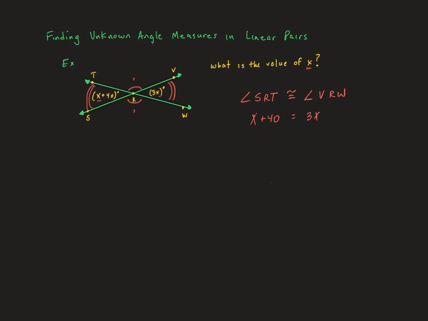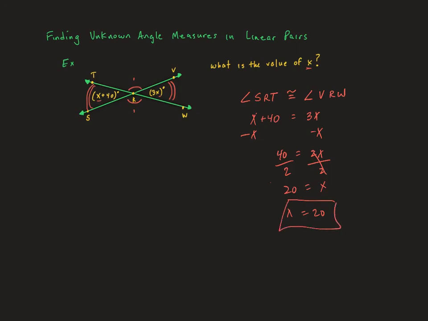Do some inverse operations, and I'm going to subtract x from both sides. That gives me 2x is equal to 40, divide by my coefficient, and then x is going to be equal to 20.